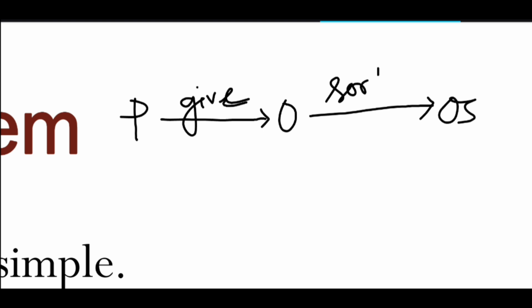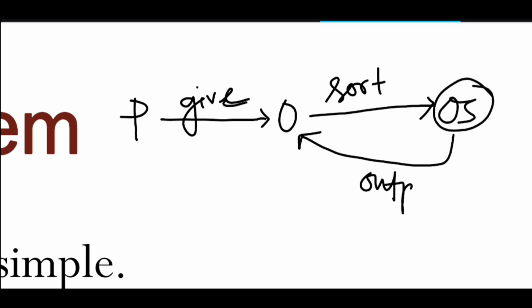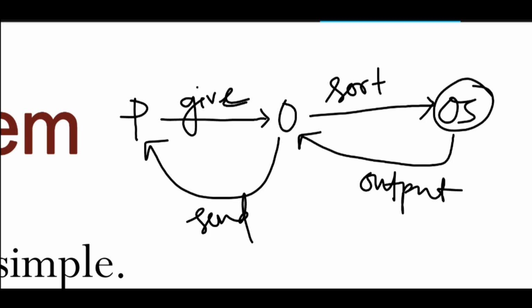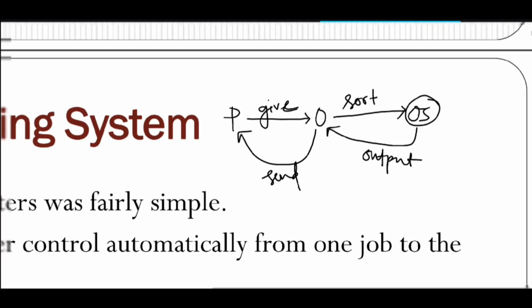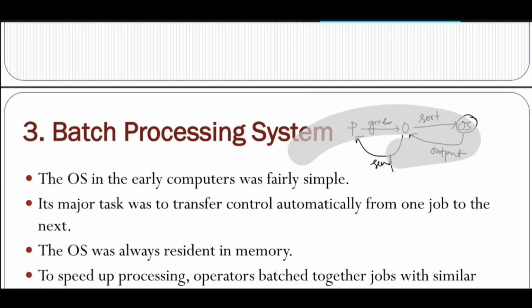After sorting, the OS will execute. After executing, the OS will give the output to the operator. Then the operator sends the output to the programmer. This is the simplest mechanism of batch operating system.